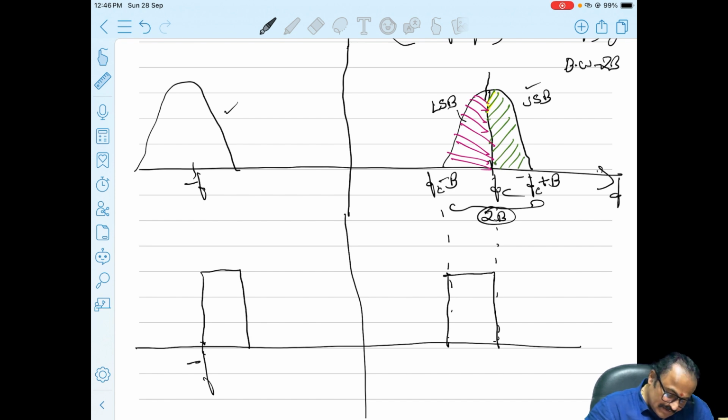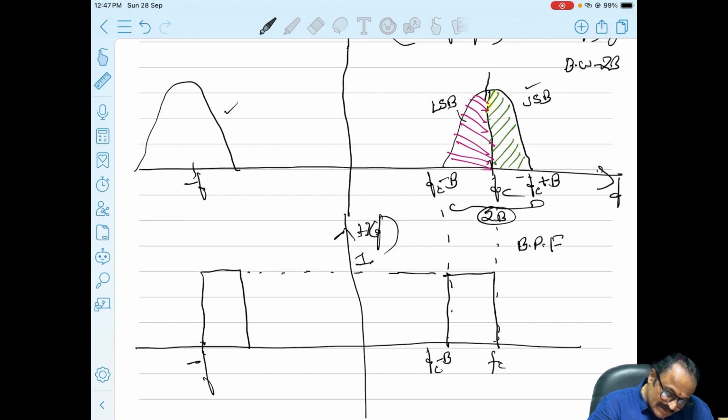So this is your band pass filter. Once again, I will write the filter as H of F. This filter is a band pass filter with the cutoff frequency FC minus B to FC.